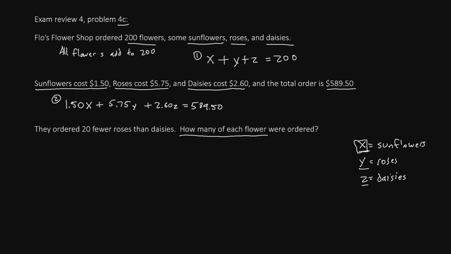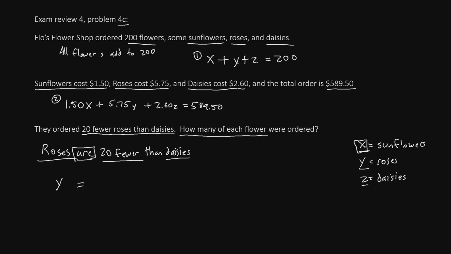Now for the third equation. It says they have ordered 20 fewer roses than daisies. So what this tells us is that the roses are 20 fewer than the daisies. Now the number of roses we have, remember we called Y. The word "are" can be treated like an equal sign, and then it says 20 fewer than daisies.